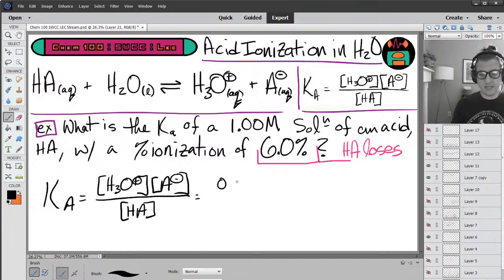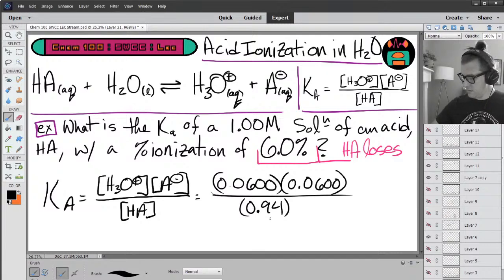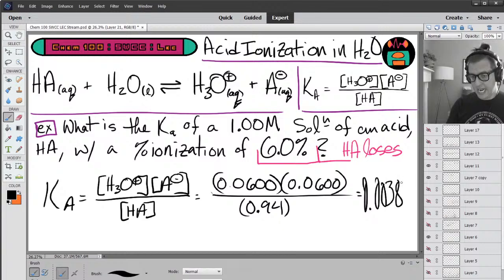So this is 0.0600 times 0.0600 over 0.94. My calculator is telling me that the value is 0.00382.